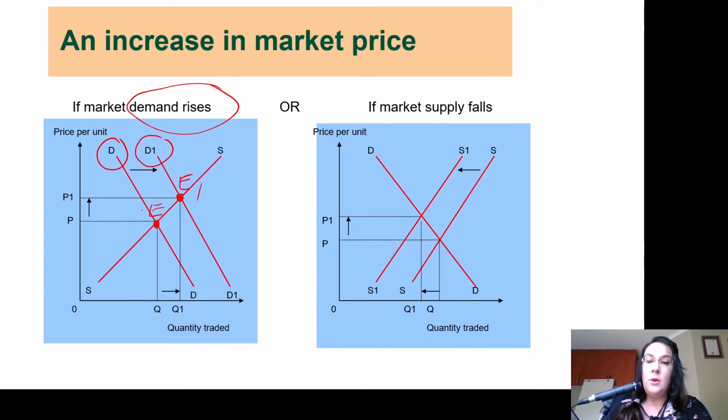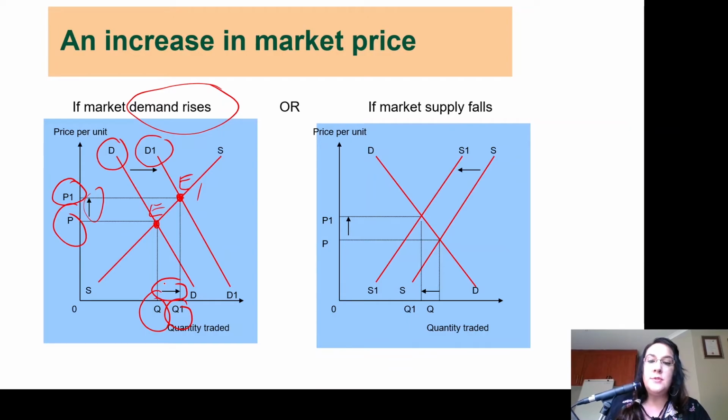So when I'm looking at my old price and quantity over here, now with this new movement, it has moved to P1, and I can see from P to P1 there has been an increase, and my quantity has moved from Q to Q1, which is also an increase.